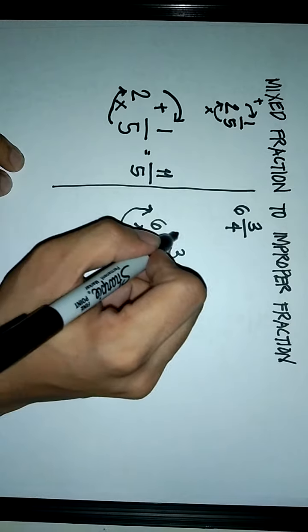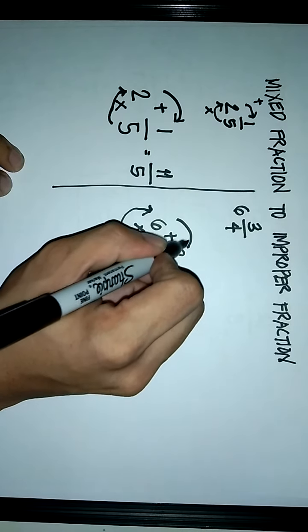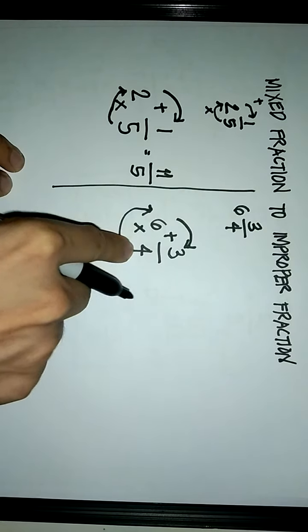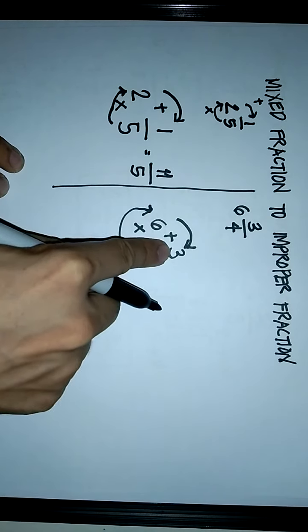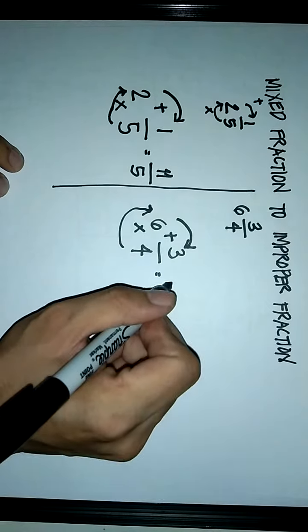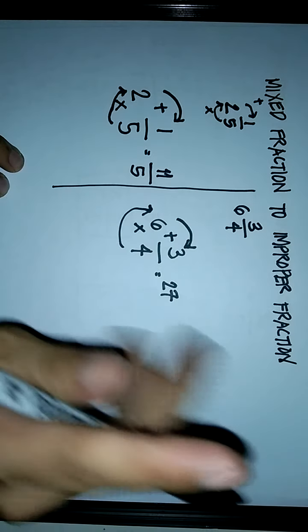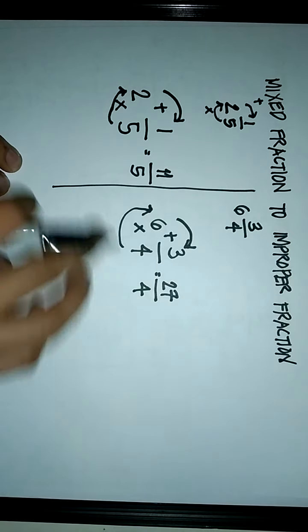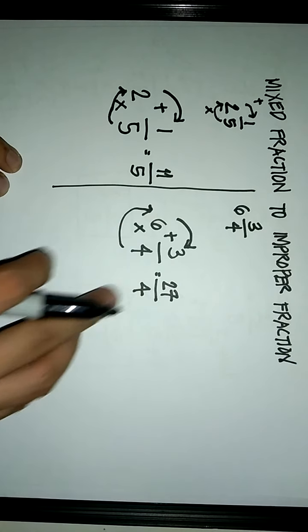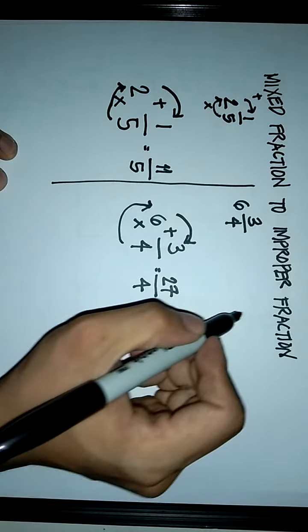That is 24. And then we will add it dun sa ating numerator. We have 4 times 6, that is 24, plus 3, that is 27. And then we will just copy yung ating denominator, which is 4. So 6 and 3/4 is equal to 27 over 4.